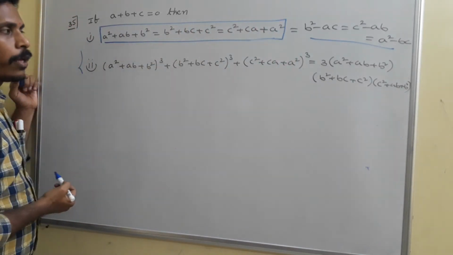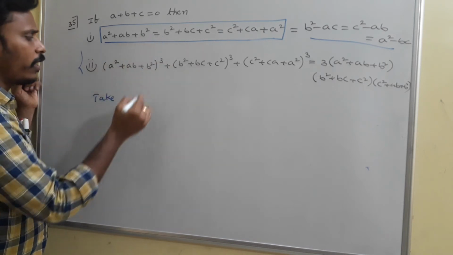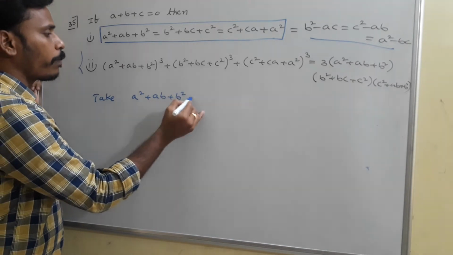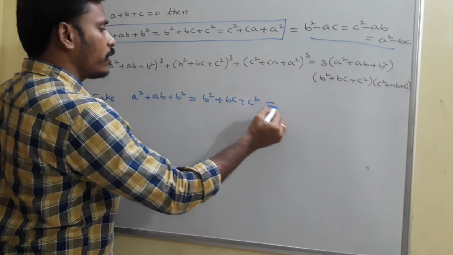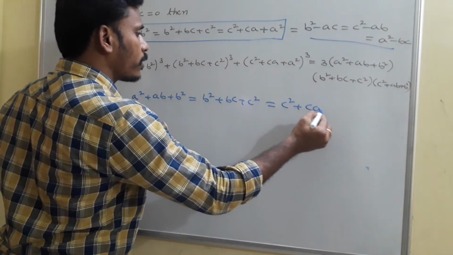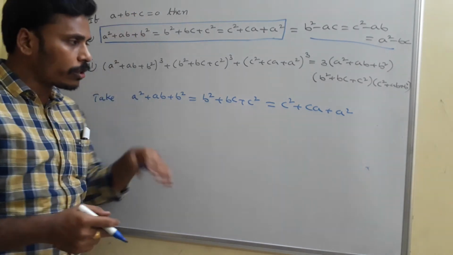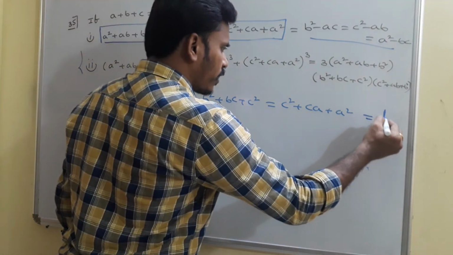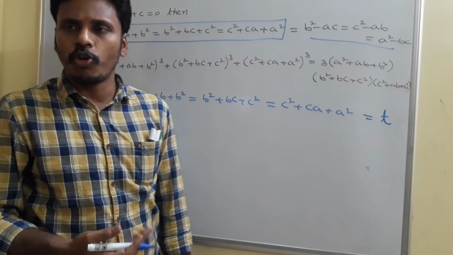So now, all these are equal, right? So you just take that a square plus ab plus b square is equal to b square plus bc plus c square is equal to c square plus ca plus a square. These three are equal if a plus b plus c is 0, that's clear. Since these three are equal to something, you say it as t, no problem.